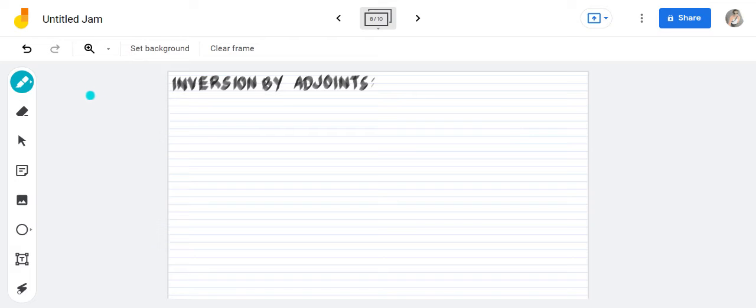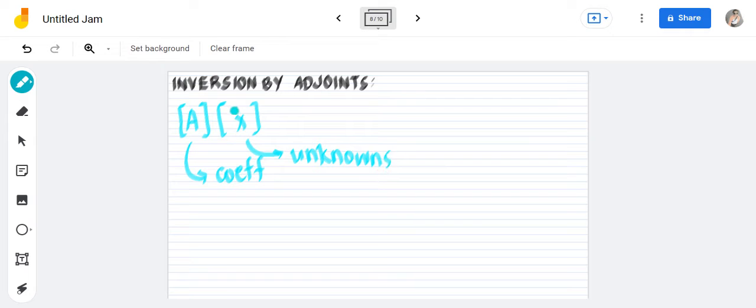Okay, so with this inverse, we can now solve for our next step. The general form of our equation is matrix A, the coefficients, times X, which is your unknowns, equal to the matrix B, which represents your constants.